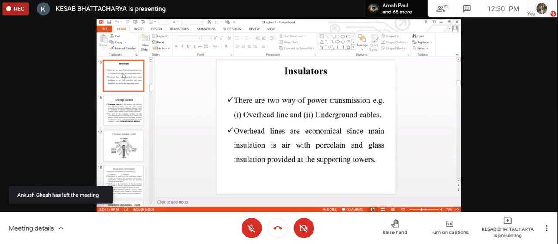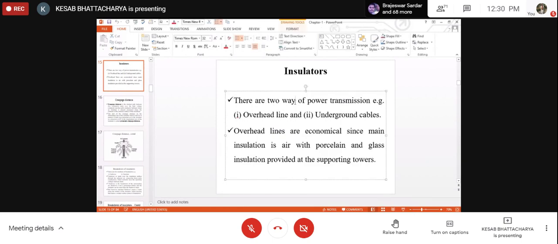Now, our next topic will be insulators. Actually, we all know that there are two ways of power transmission. One is overhead, and the other is through underground cables.